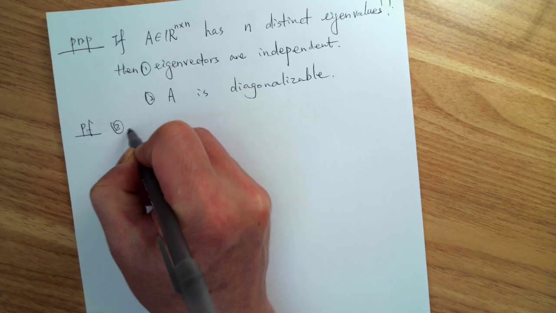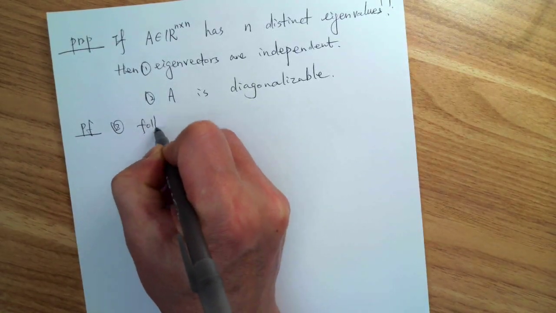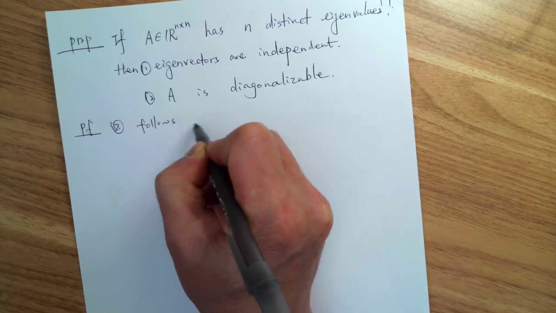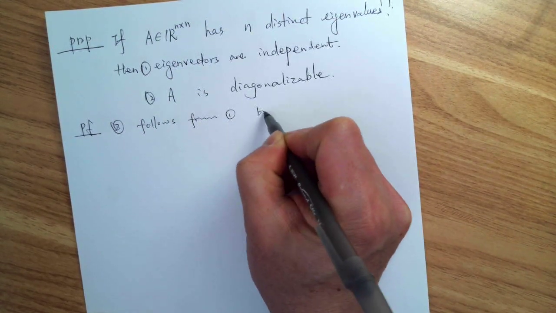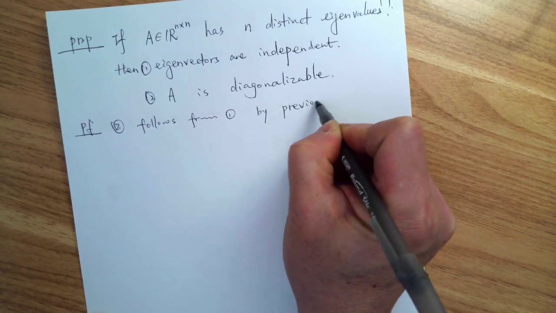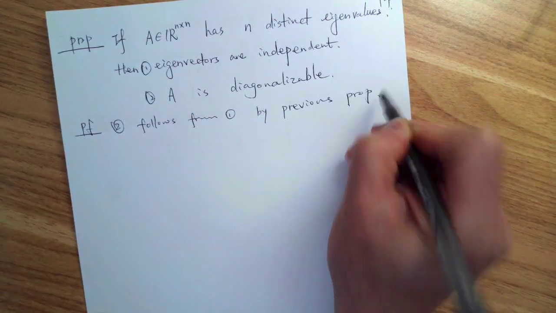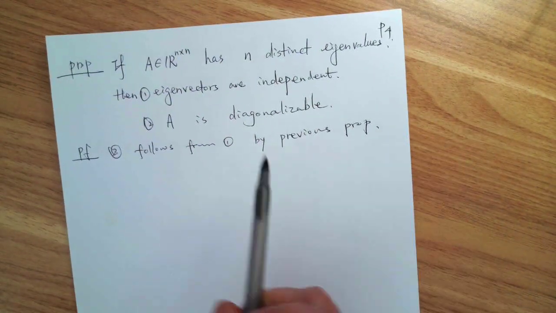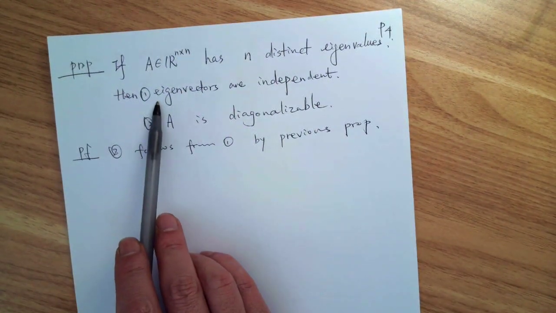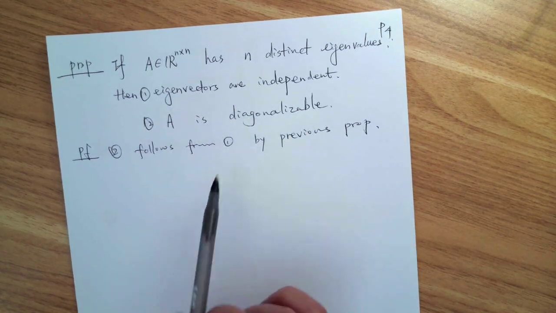So 2 follows from 1 by the previous proposition. So it's enough to prove eigenvectors are independent. That's the first claim.